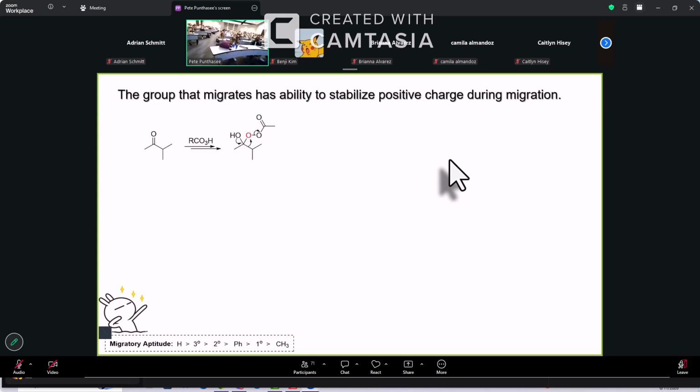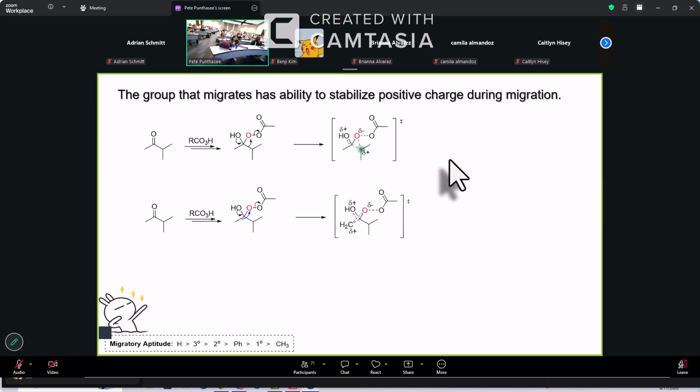When they migrate, look what happens. This is a transition state. That carbon becomes slightly positive right there. We're going to look at the carbon. If the methyl migrates, same reaction, you have a slight positive charge right there on the methyl group.